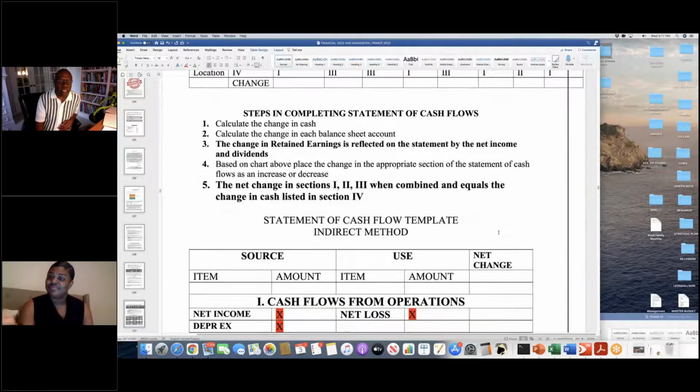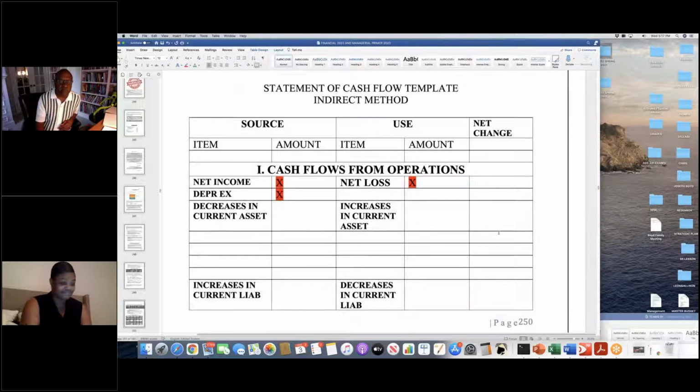So I have a template here, which is done to help you prepare a statement of cash flow. And so in part 1 is cash flow from operation. If you had net income, it's going to be here. If you had a net loss, it'll be a use. So you have source of fund, uses, net change.